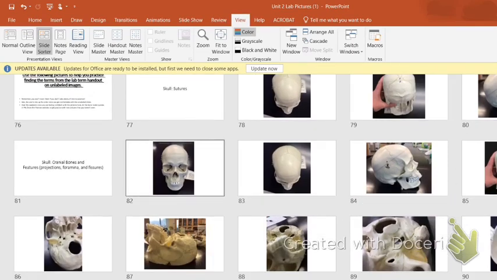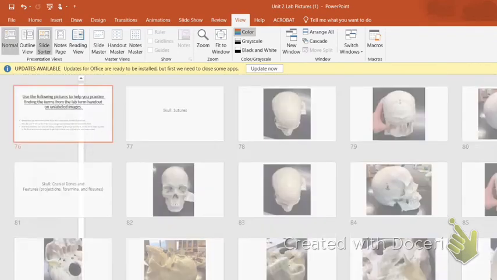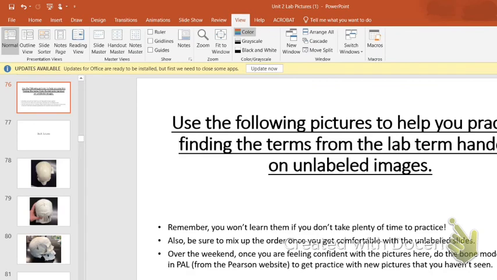And notice at the start of this area that's got unlabeled pictures, there's another slide with language from me, directions from me, that tell you that this is the area with the unlabeled images that you want to practice with, essentially. And sorry, once again, sorry that's cut off on this recording.